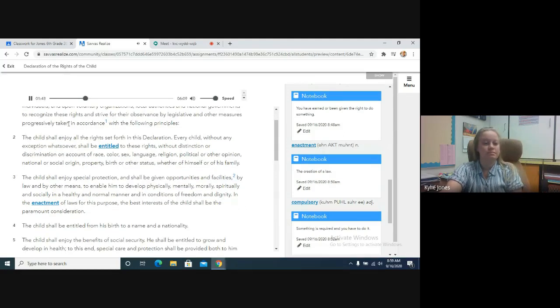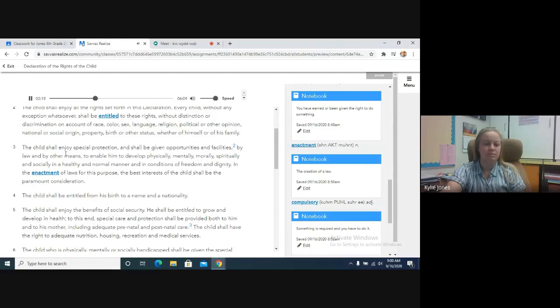The child shall enjoy all the rights set forth in this declaration. Every child, without any exception whatsoever, shall be entitled to these rights, without distinction or discrimination on account of race, color, sex, language, religion, political or other opinion, national or social origin, property, birth or other status, whether of himself or of his family.